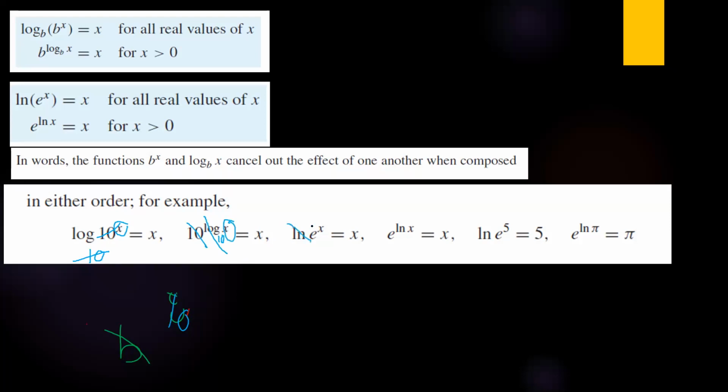And ln of e to the power x, the answer is x. And e to the power ln x, the answer is x. ln e to the power 5, they cancel each other, so I have the answer as 5. And e cancels ln, so the answer here is pi. This is all the properties of ln, the natural logarithmic function.